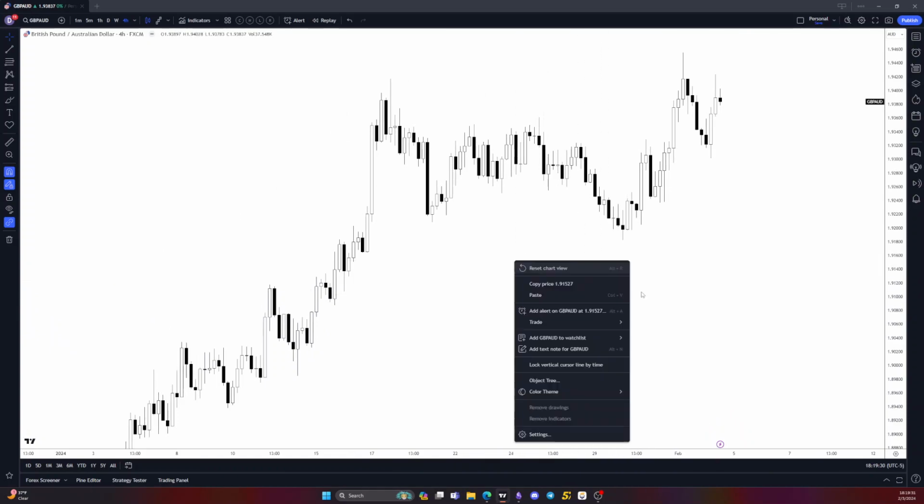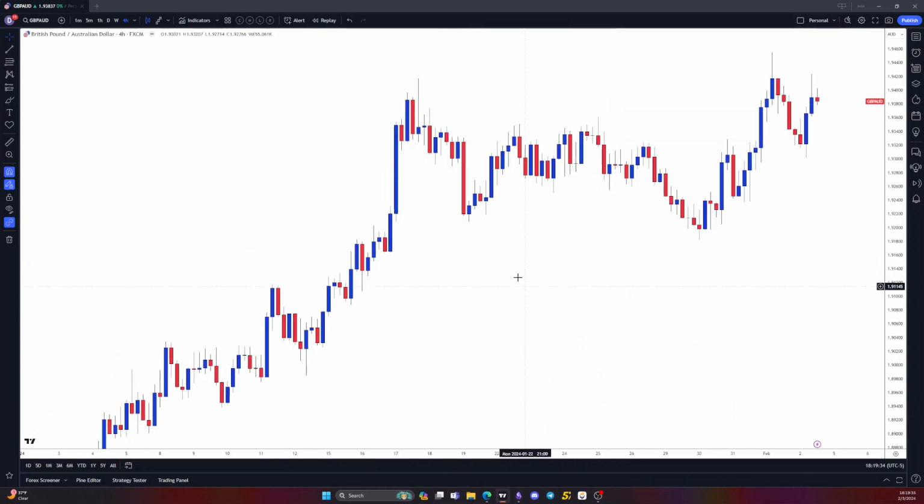So, three-legged formation is just you have an impulse and a correction, and it's a flag formation, and you have three legs, right? When I say legs, I mean three branches, three minor trends within the correction.